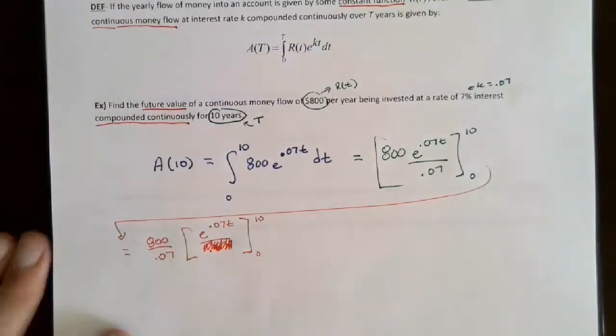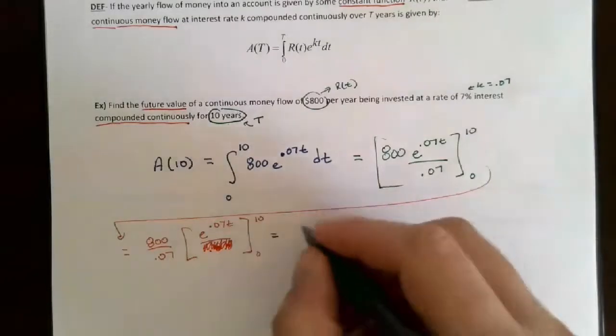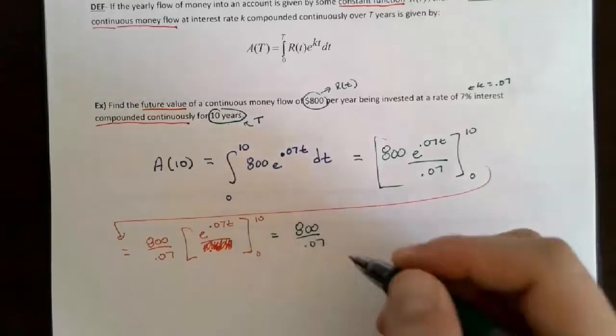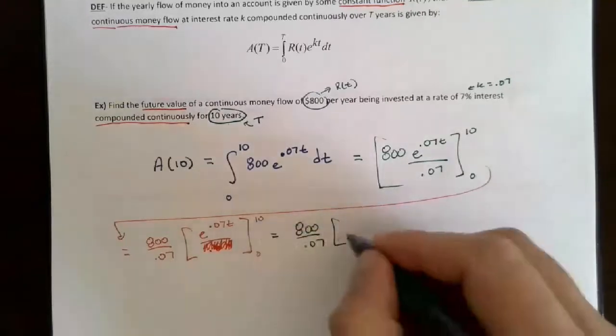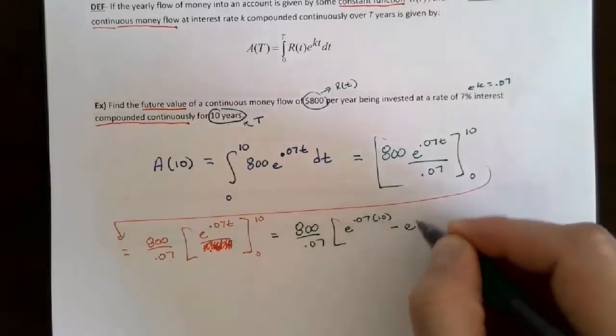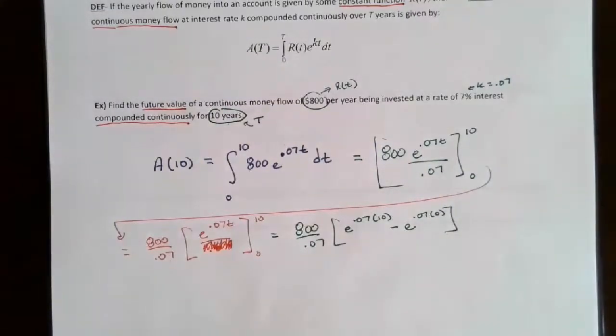So now taking a look at what we've got, this is equal to 800 over 0.07 times, substituting in 10, e to the 0.07 times 10 minus e to the 0.07 times 0 power. And then we're going to want to evaluate this.